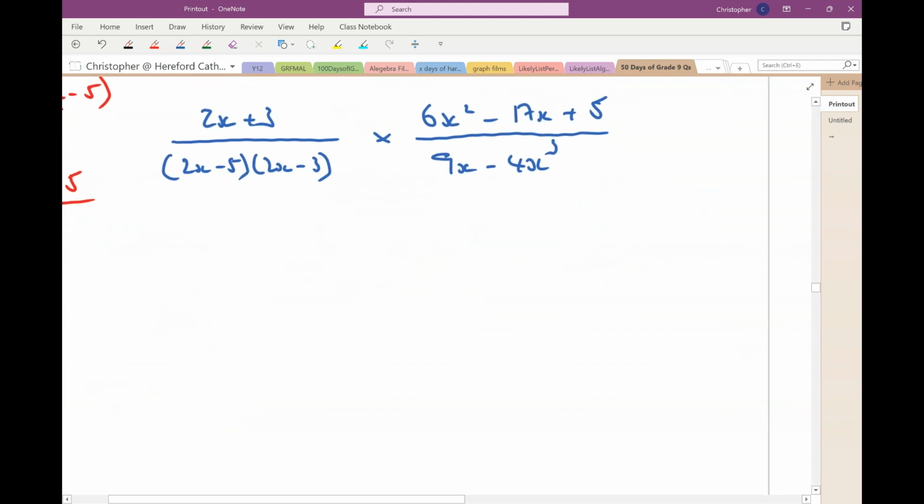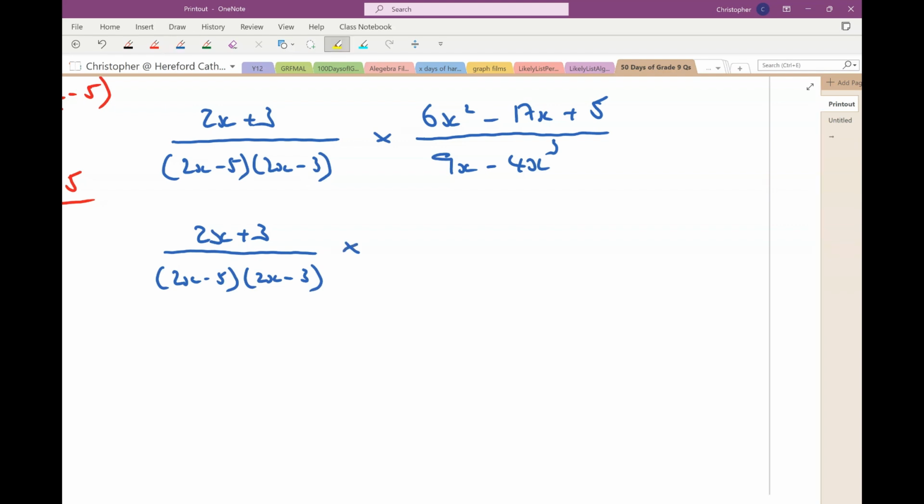Now, a bit of technique for you here. I'm going to copy down the first fraction. Now, obviously, I'm expecting to be able to cancel here. So when I look to factorize this, I'm bearing in mind I've got these two, which I might be able to cancel in one of them.